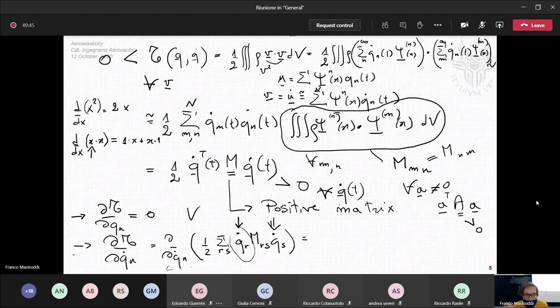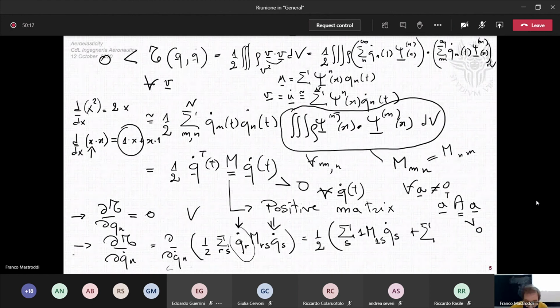And so you have 1/2, summation over s, the only summation that survives, of M_ns times Q dot s. Finished. Plus another summation.